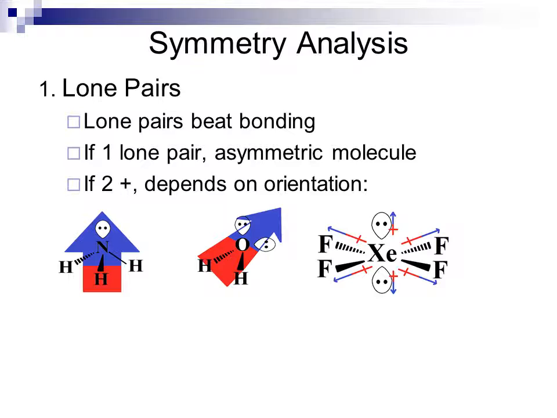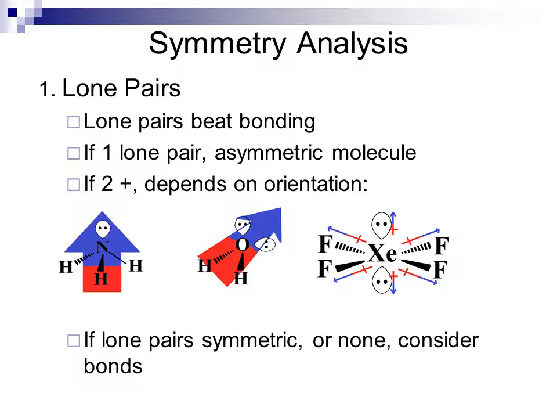And since the fluorine-xenon bond is the same polarity for all 4 fluorines, none of the 4 fluorines wins the tug of war against any of the other 4. Neither do the 2 lone pairs win the tug of war against one another. So nowhere in this molecule is there a region with more electrons than another, pulled away from their starting atoms. And so this winds up being a nonpolar or a symmetric molecule.